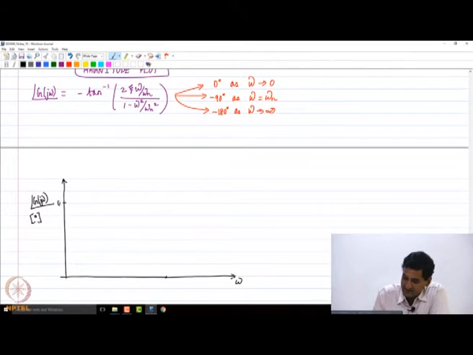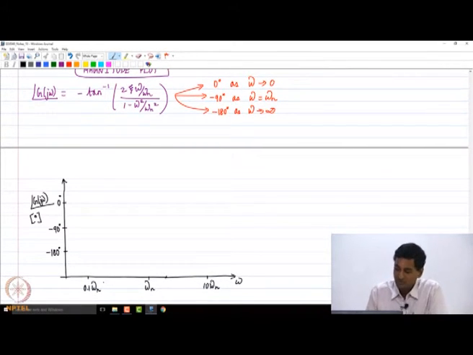So let us say this is 0, minus 90, then minus 180, then we have omega n, 10 times omega n and 0.1 times omega n, okay. So what is going to happen is the following.